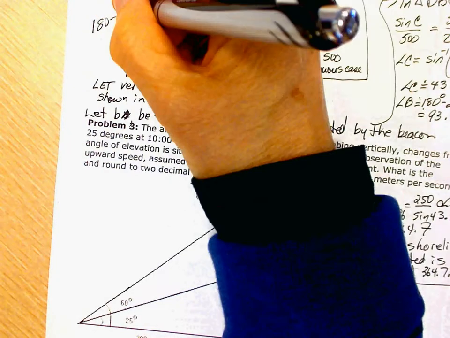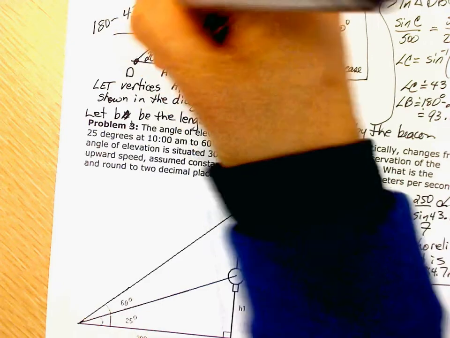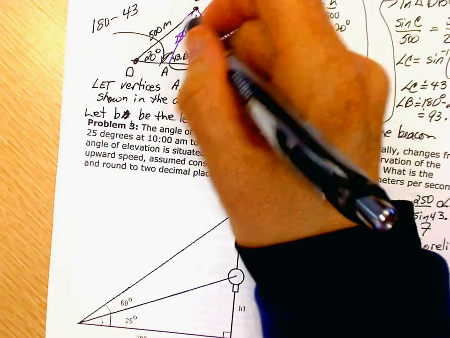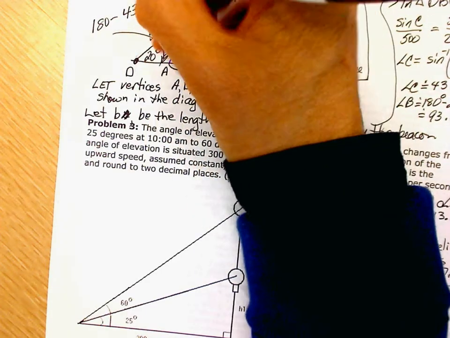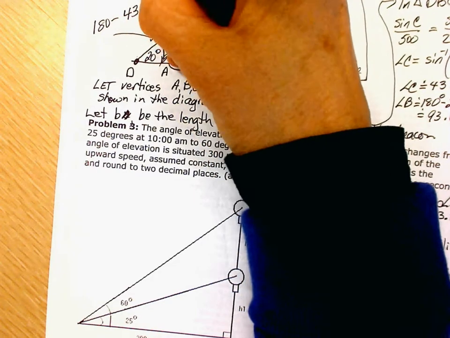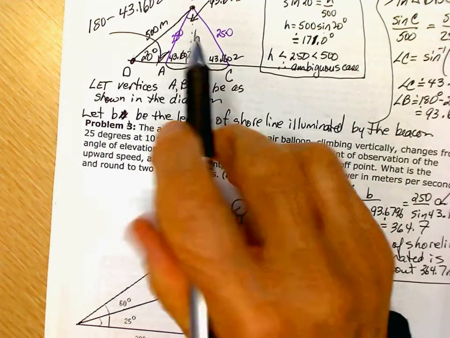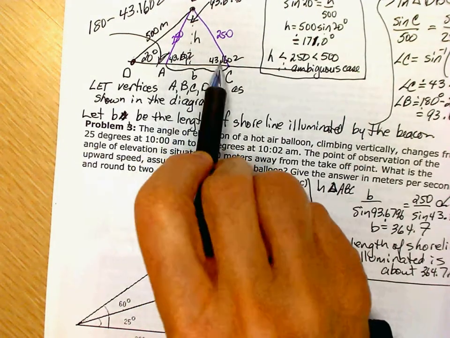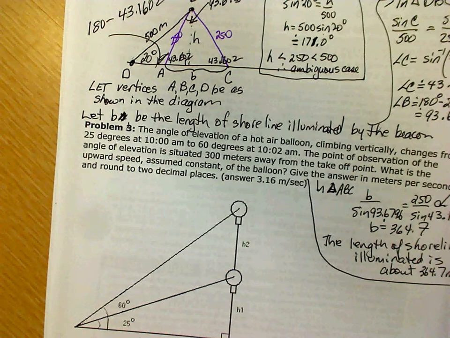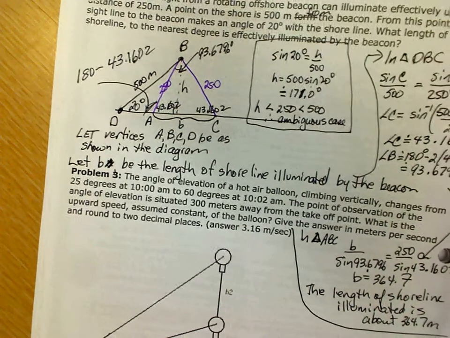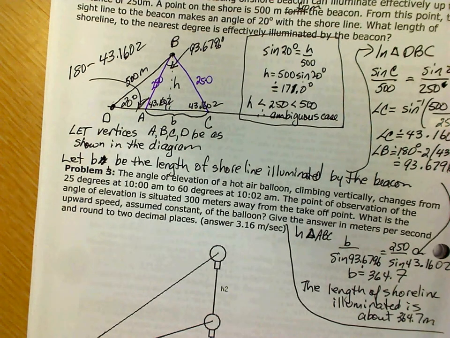Remember in the ambiguous case, that's how we got the other angle of the other triangle. Or, because you know it's isosceles, if that's easier, you know these two angles are equal. Whatever works for you. Can I explain anything better?